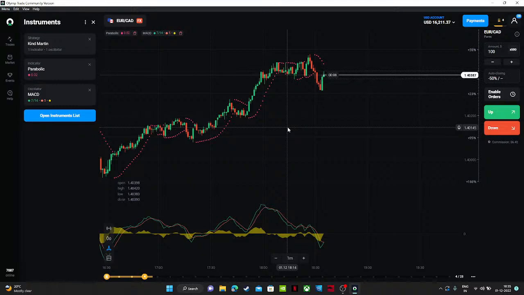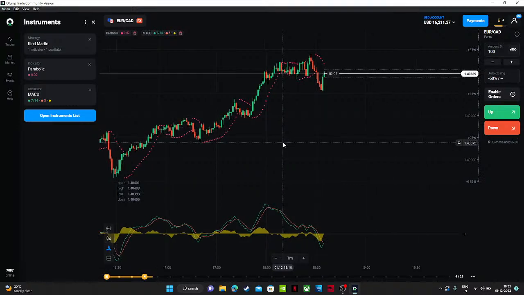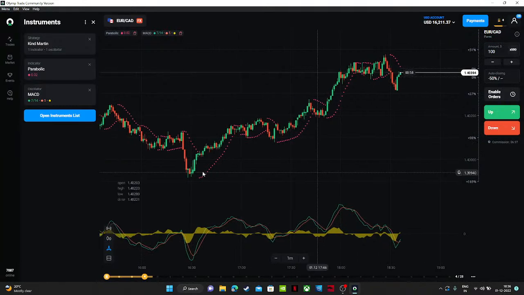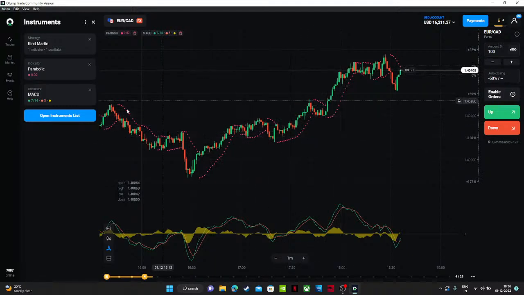We can notice one thing by looking at the parabolic indicator: when the parabolic indicator is placed below the candle, the price is going in the upward direction. When the parabolic indicator is placing itself on the top of the candle, the price is going in the downward direction.